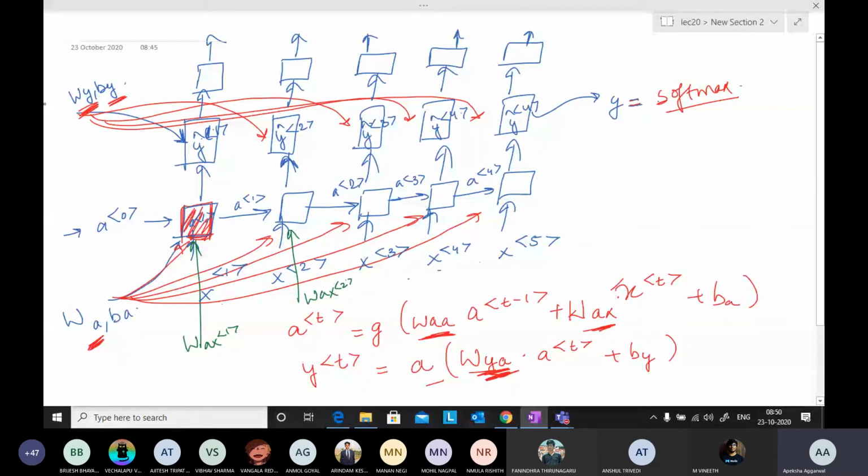So we call it WY, BY. This is just like the final layer that we have in the neural network. Over here we have only WX plus B, where this X is basically the activation that is coming from the previous layer.